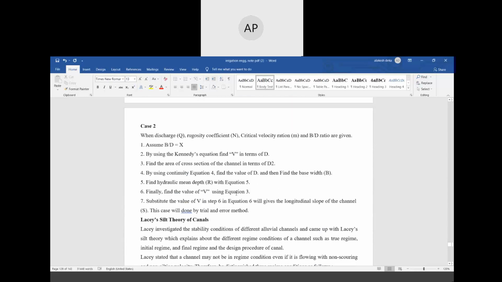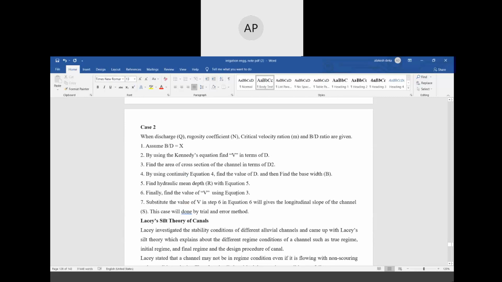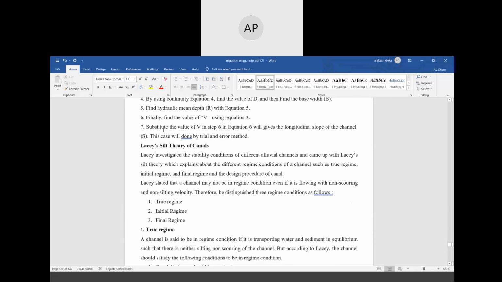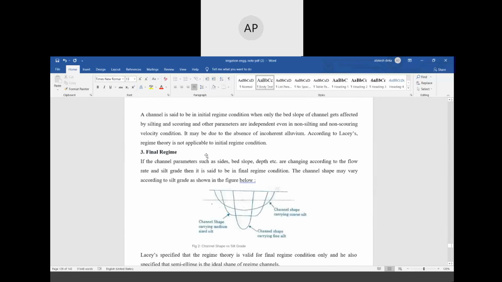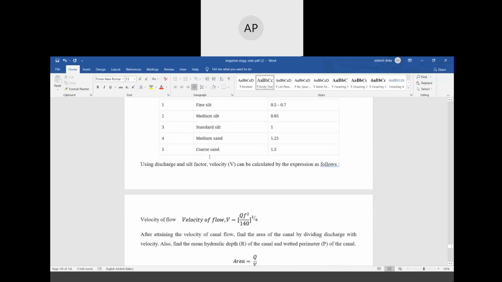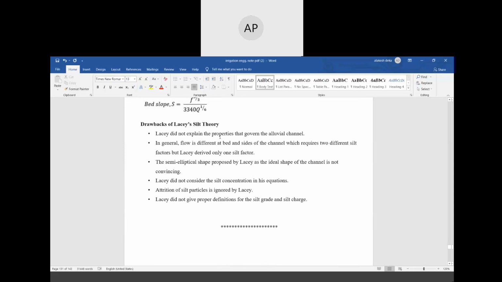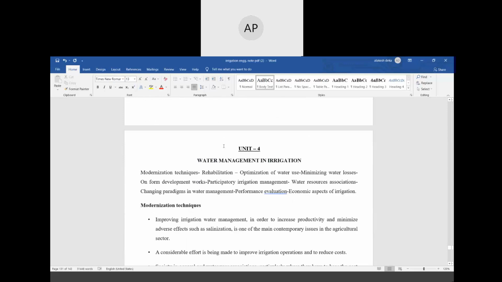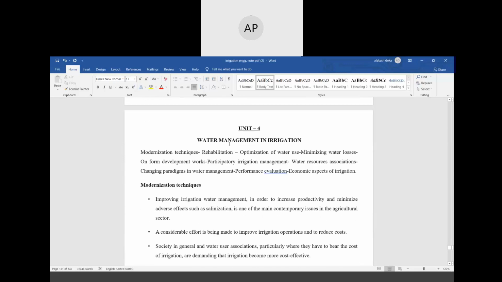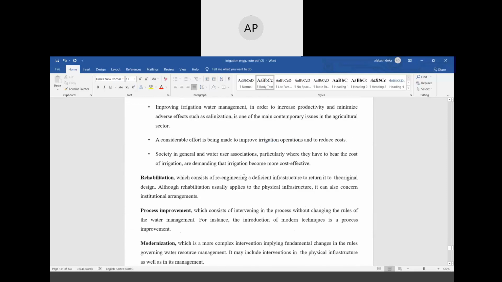My syllabus has left only Kennedy's silt theory and then Lacey's silt theory of canals. Then we have the regime and the drawbacks of Lacey's silt theory. After that, the last chapter, we will have water management in irrigation.